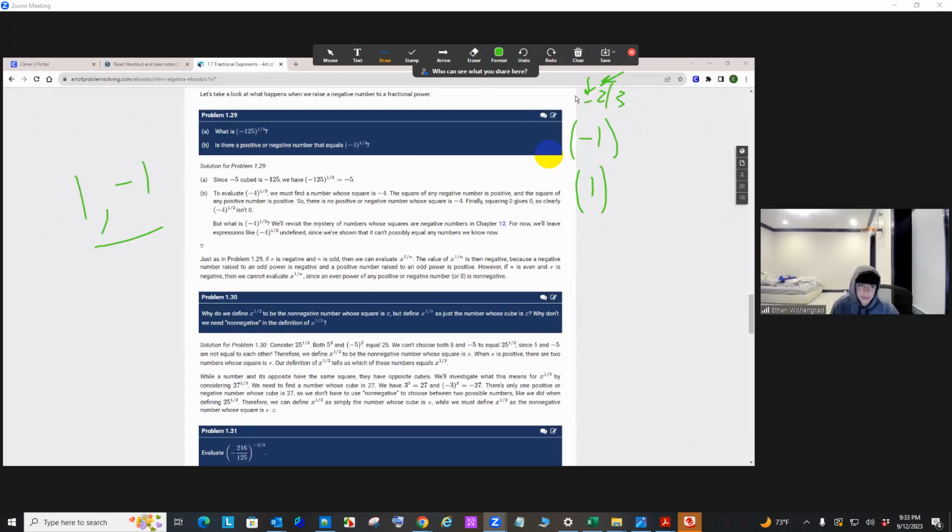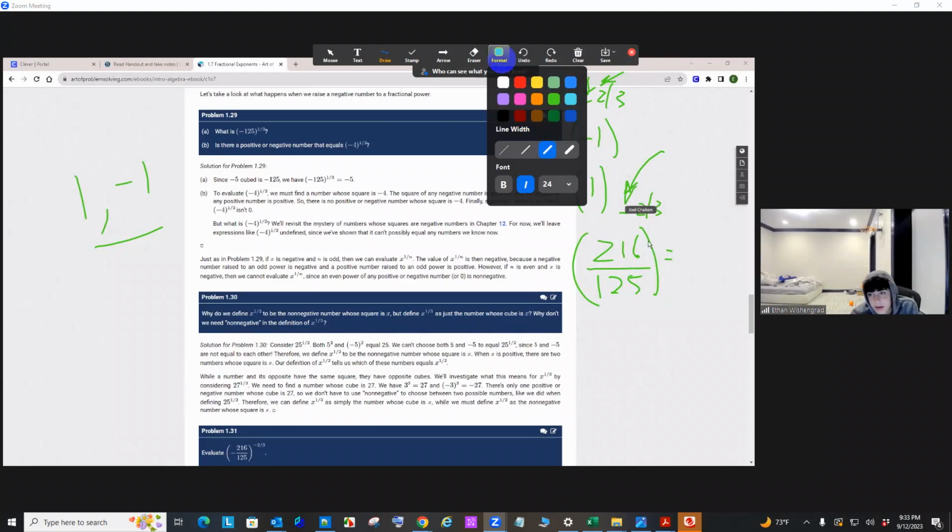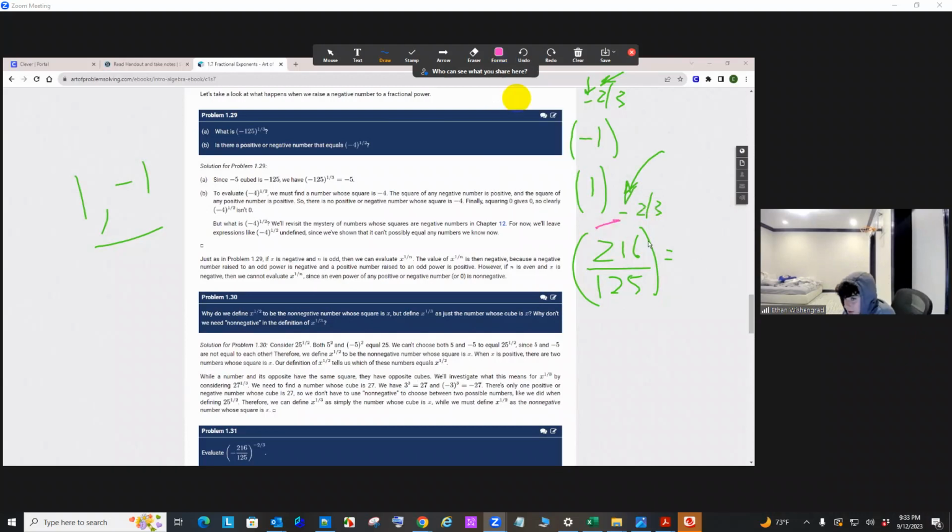Okay, great. Now let's do 216 divided by 125 to the negative 2/3. What does the negative sign in the exponent instruct you to do?